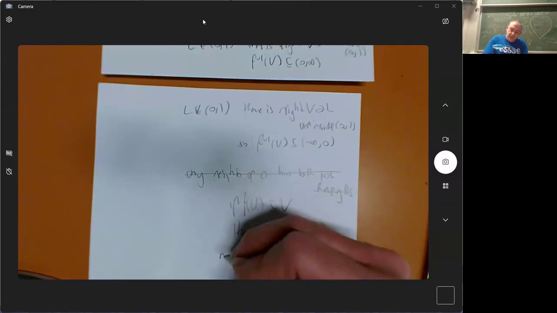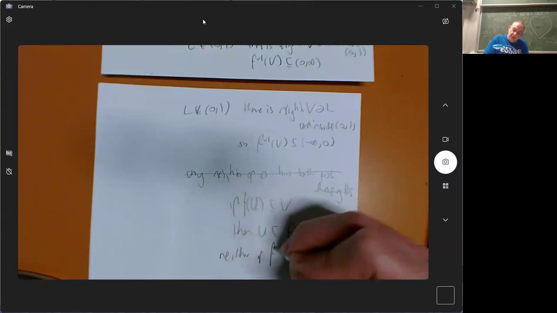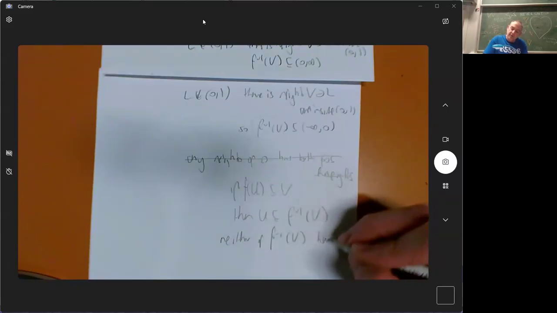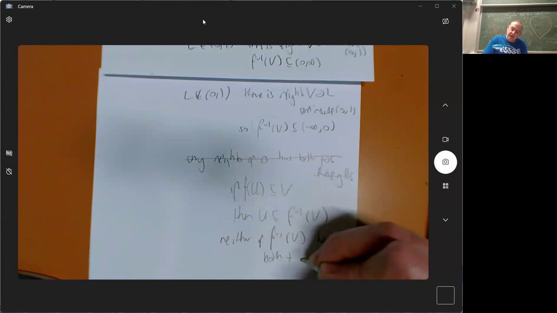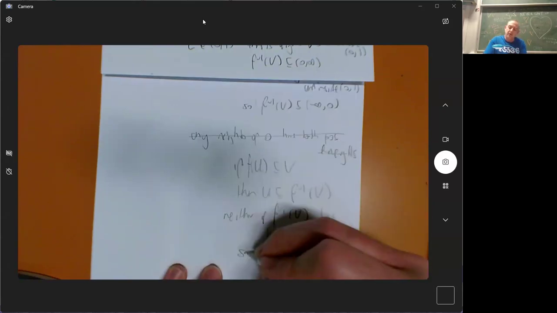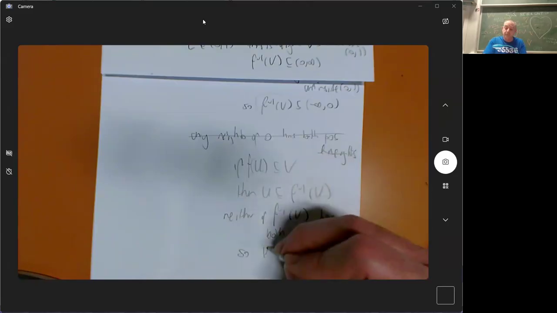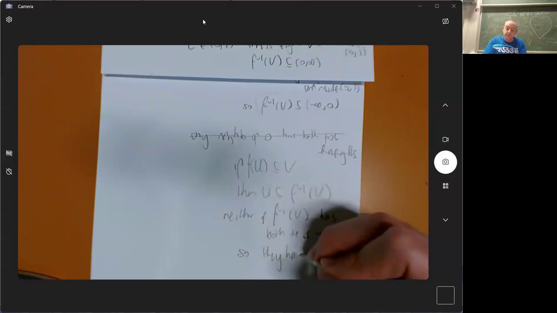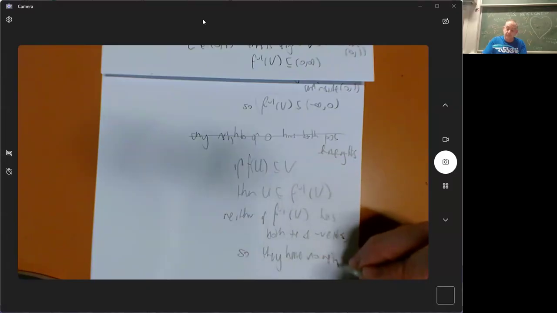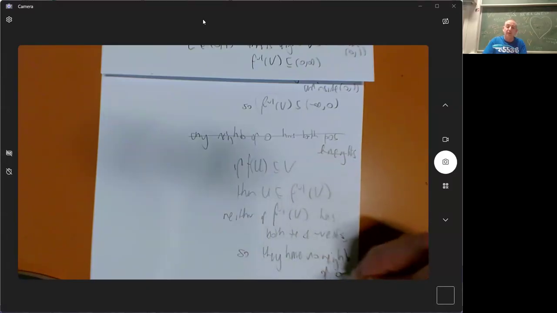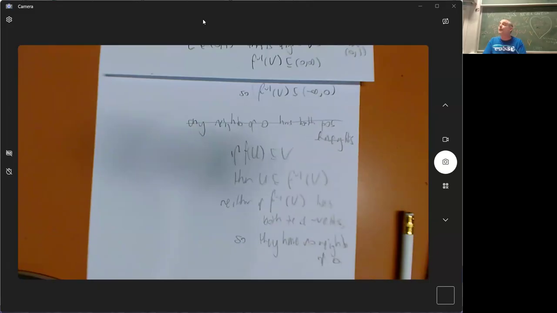So neither of f inverse of V has both positive and negative numbers, so they contain no neighbourhoods of 0. And therefore it can't be continuous at 0, which is a contradiction.